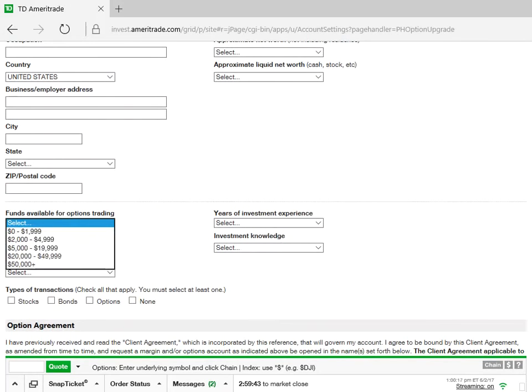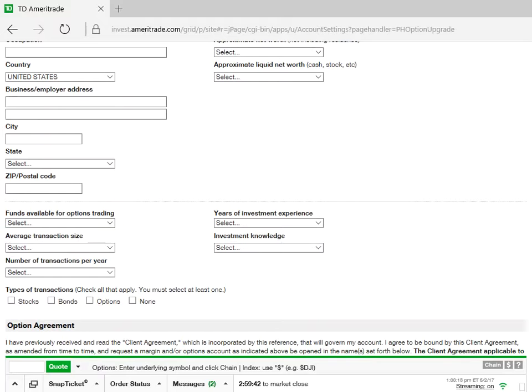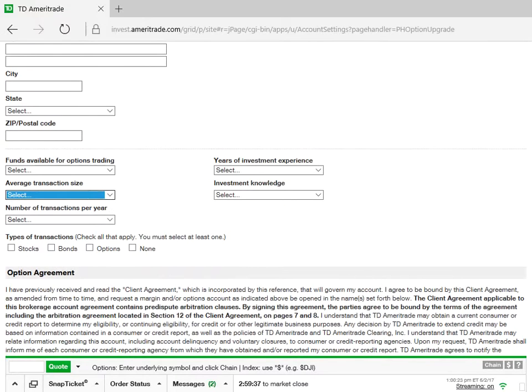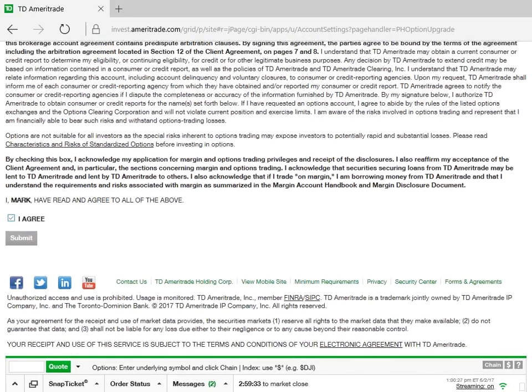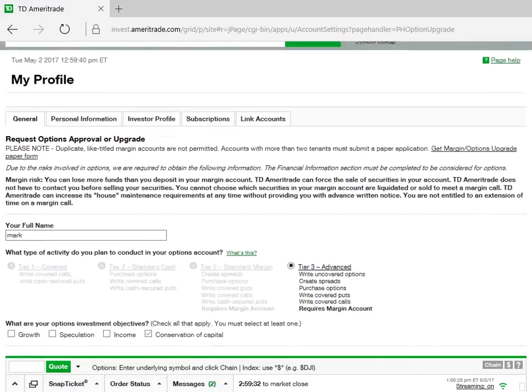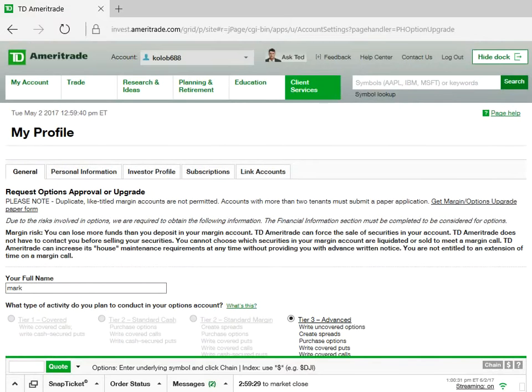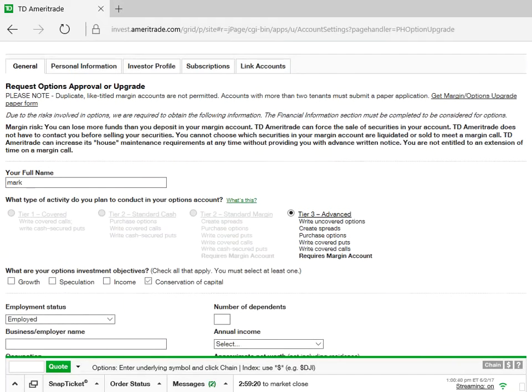Here you put how much money you have approximately, your average transaction you're going to be making, the types you're going to be doing, and of course you'll want to pick options. You click the agreement, and then you submit, and then step by step you just follow the directions. And of course, if you get stuck, TD Ameritrade and most brokers will have a 1-800 number that you can call.